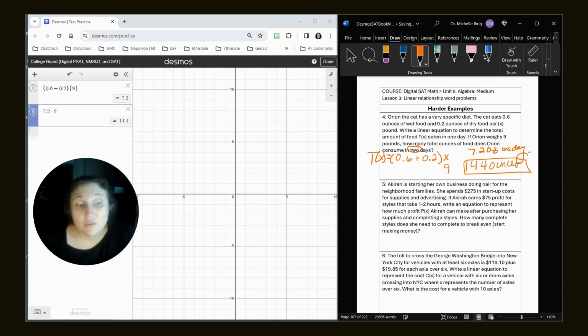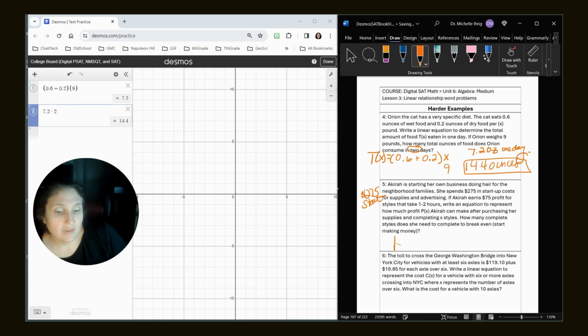Akira is starting her own business doing hair for the neighborhood families. She spends $275 in startup costs for supplies and advertising. If Akira earns $75 profit, so I'm just going to put over here $275 start. Okay, if Akira earns $75 profit for styles that take 1 to 2 hours, write an equation to represent how much profit Akira can make after purchasing her supplies and completing x styles.